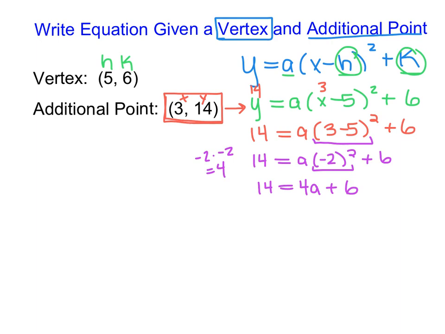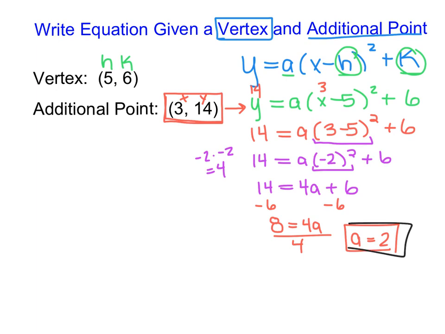Then from here, I need to solve this equation, so I subtract 6 from each side. So I have 8 equals 4a, divide both sides by 4, and I find that my a value is equal to 2. So now I have the a, h, and k values that I need in order to write my equation for this particular quadratic function.